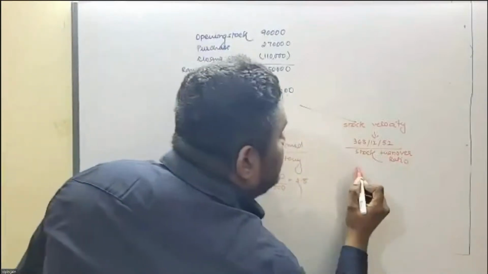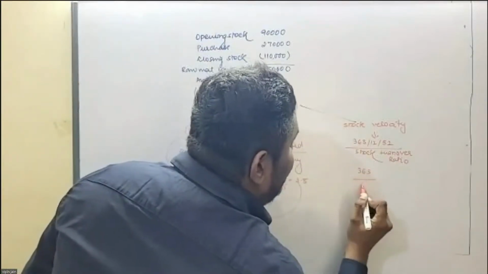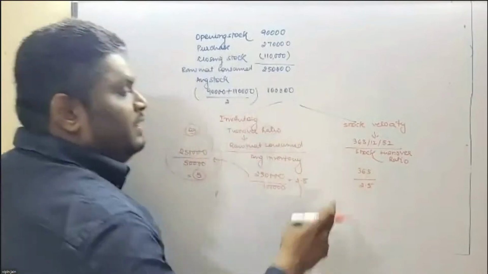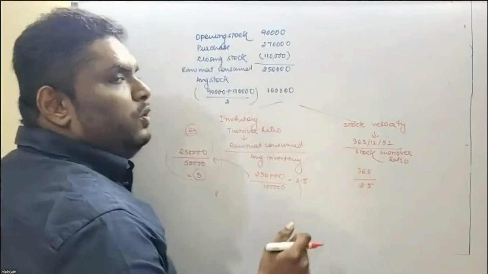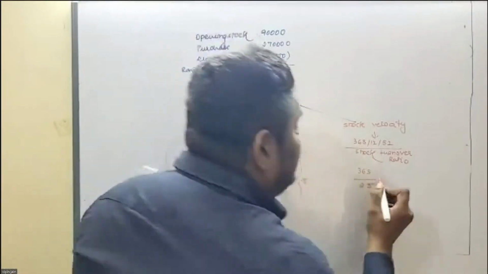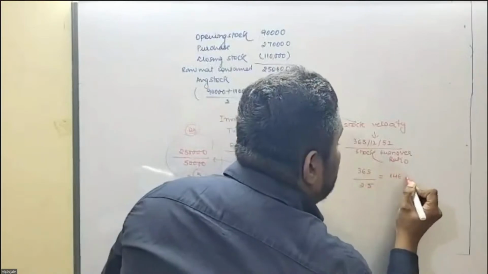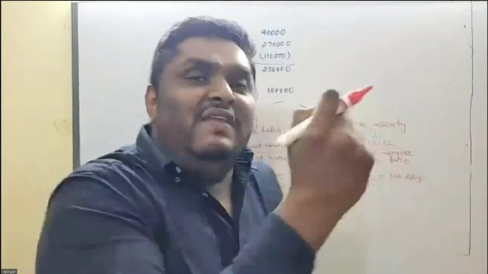So when talking about this, 365 divided by 2.5, that is 146 days. It means my inventory cycle right from start till the end is 146 days.